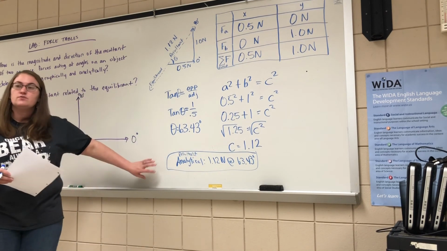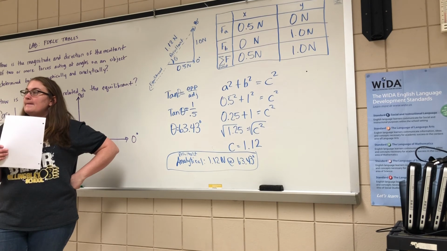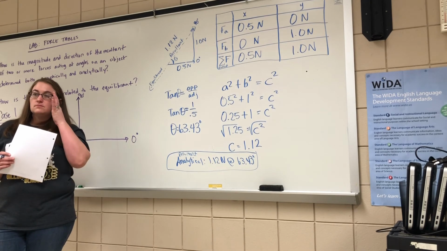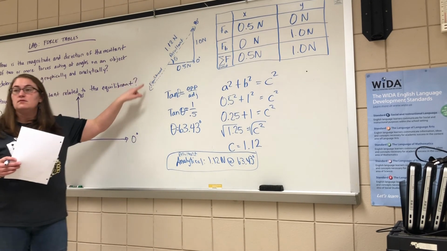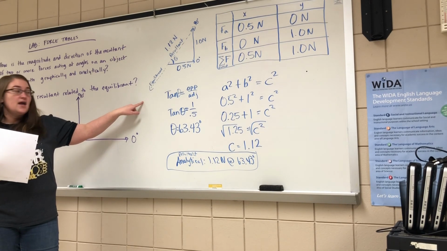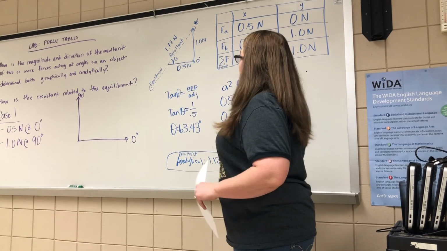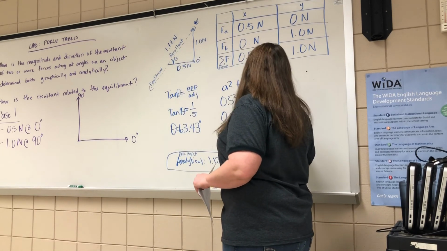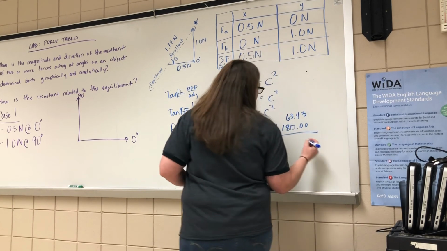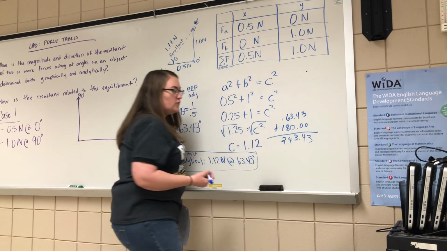So if that's the resultant, how do I get the equilibrant? It's opposite. So I'm going to add 180 to 63.43, because it goes all the way around. 63.43 plus 180, I should get 243.43.